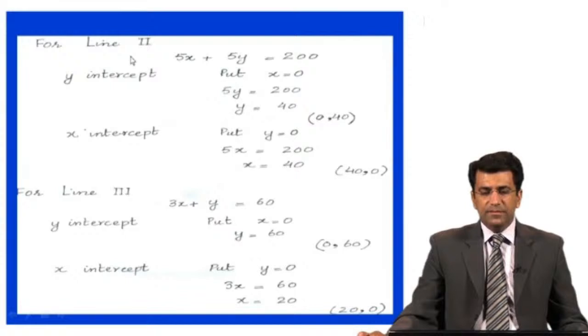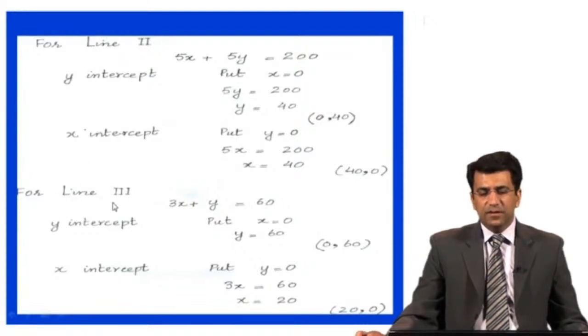This is the second line, that is 5x plus 5y is equal to 200. Again, by putting x is equal to 0 we get the y value as 40, and by putting y is equal to 0 we get the value of x as 40. So again, these are the two points which we will plot on the graph in order to represent our constraint number 2.